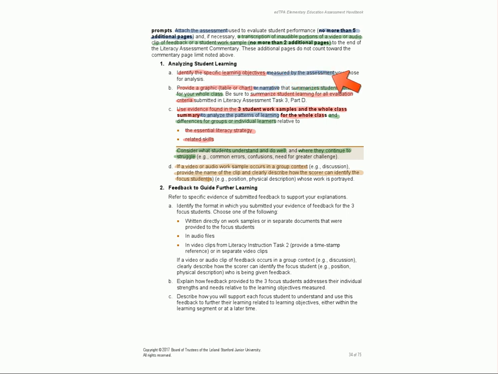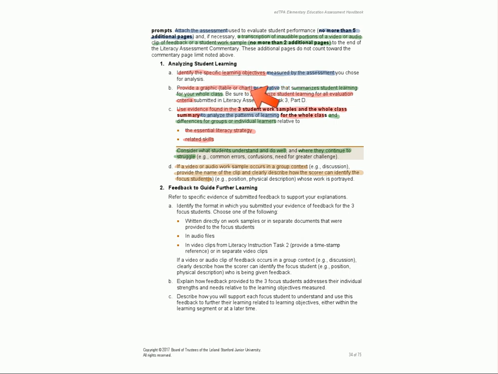All right? You want to provide a graphic, table, or chart, or you could do a narrative that summarizes the student learning for your whole class. And then you want to make sure that summary for student learning covers all the evaluation criteria that you've set out. Now, you can choose between setting out a table or chart or a narrative.